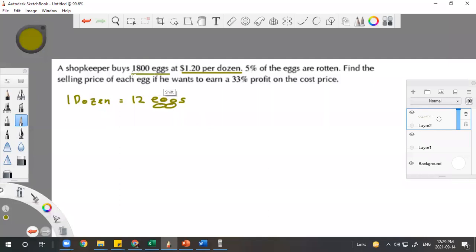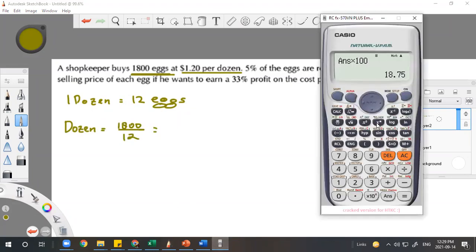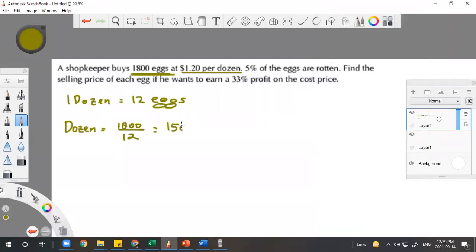So the shopkeeper buys 1,800x. You have to calculate how many dozens are in 1,800x. So you calculate the dozen first. It's 1,800 over 12, right? So this will be the amount of dozens: 150 dozens of eggs. Now, buy at 1.2 per dozen.